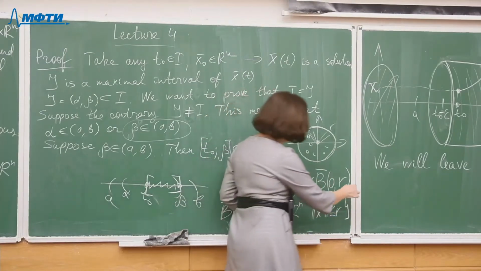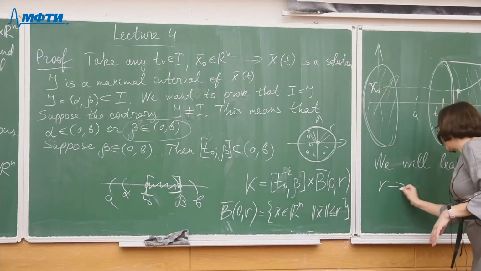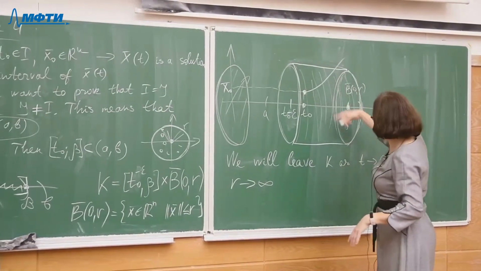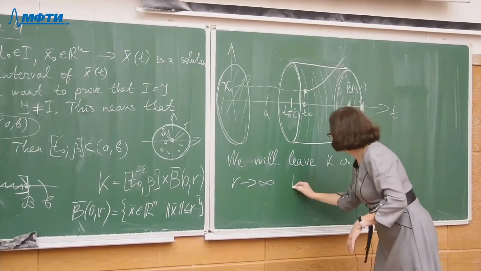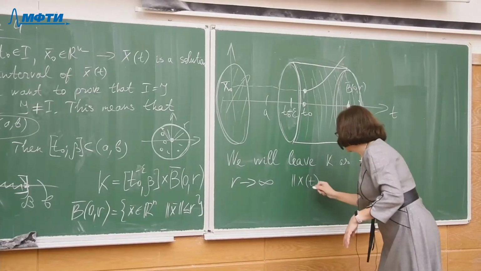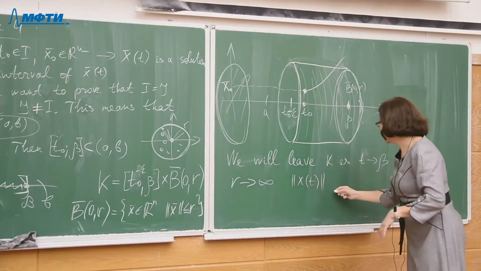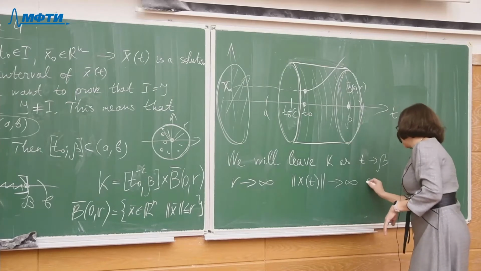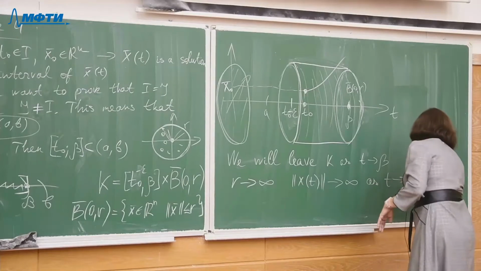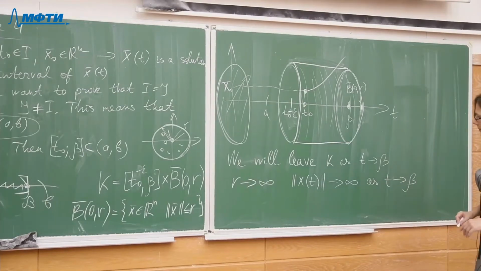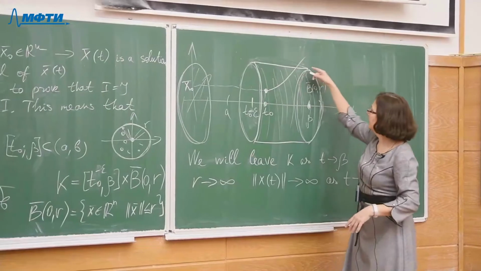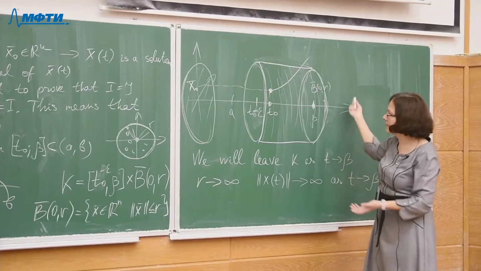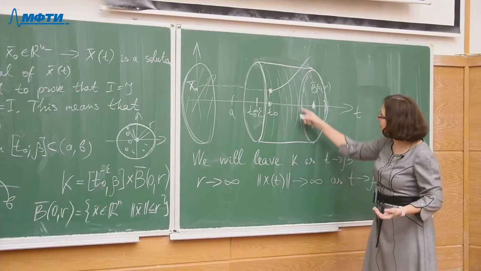Right, so we can see that if R approaches infinity, this guarantees that x of t approaches infinity as t approaches beta, because R can be chosen arbitrarily large, and we must.